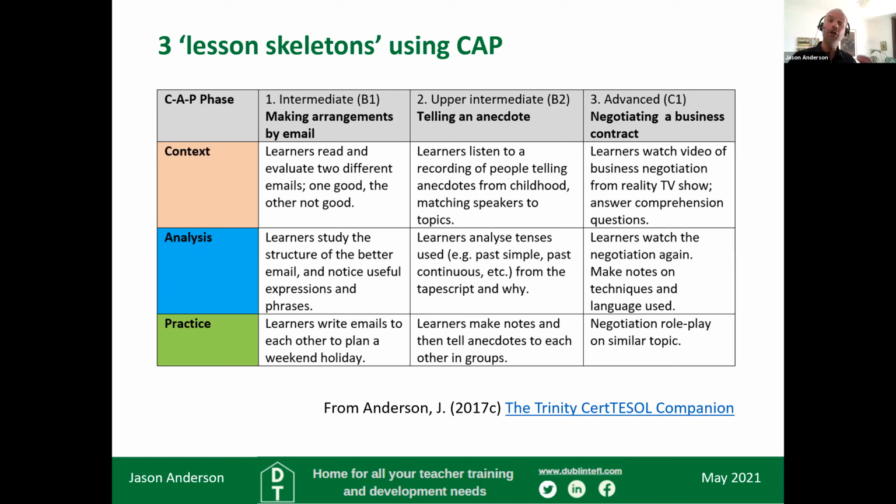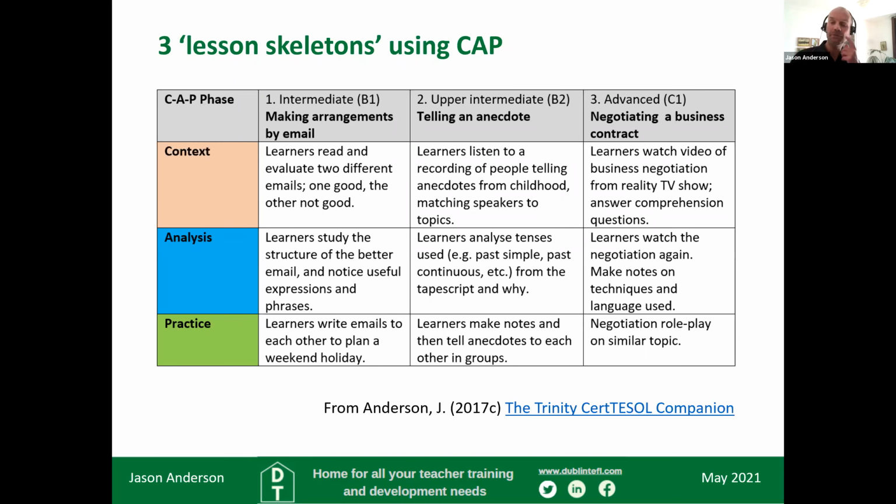I'm sure we'll all know it, but notice that has the 3 distinct phases: context, analysis, and practice. Then the upper intermediate one, students may listen to people talking about something, analyze the language they use when doing it, and then practice doing it themselves.